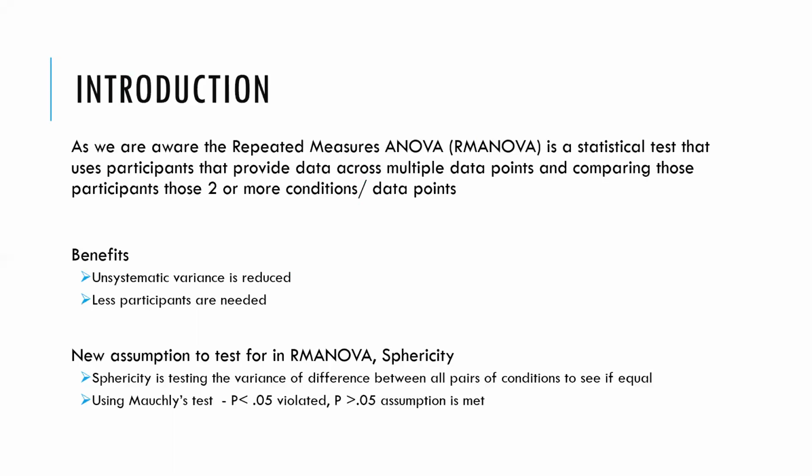One of the downfalls and disadvantages of a repeated measures ANOVA comes from this same benefit. Potentially, you could have fatigue of your participants. They either get tired doing all these multiple data points, or they might figure out what's going on because you're doing the same thing with all of them.